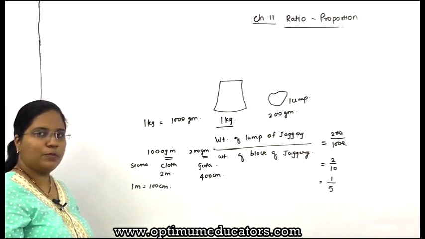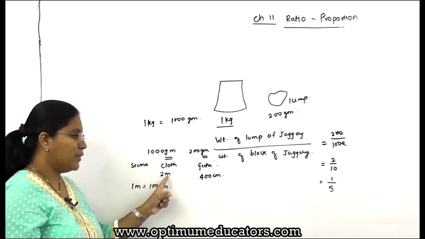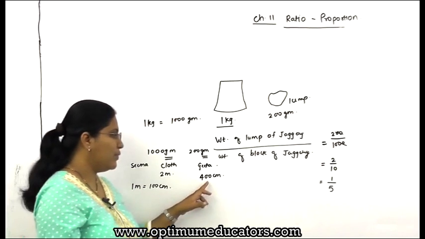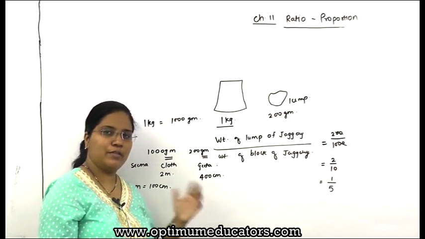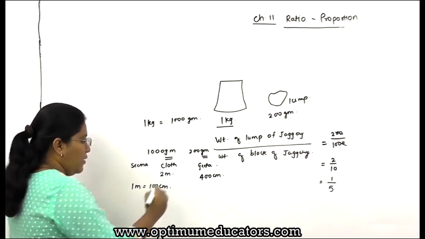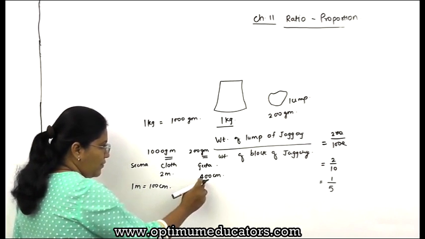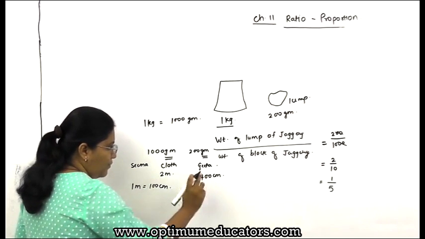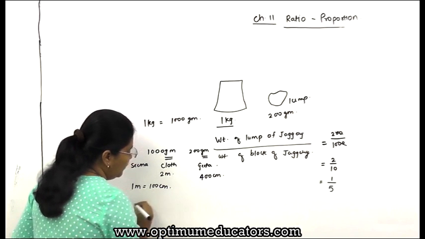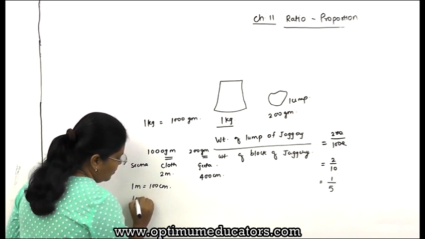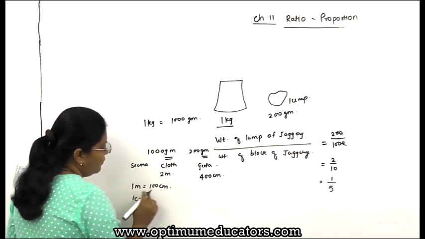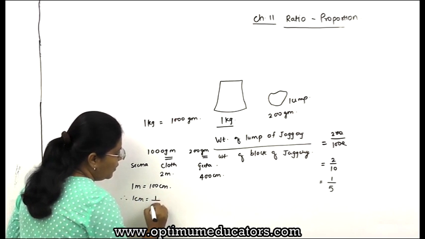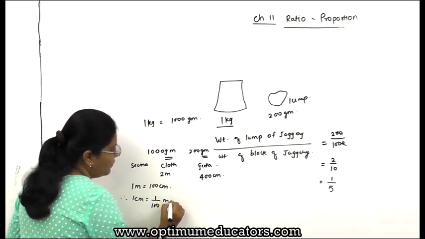Now I have got two options. First is to convert this meter into centimeter and find the ratio. Second is to convert this centimeter into meters and then find the ratio. Now, 1 meter is equal to 100 centimeters, so 1 centimeter is equal to 1 upon 100 meter.